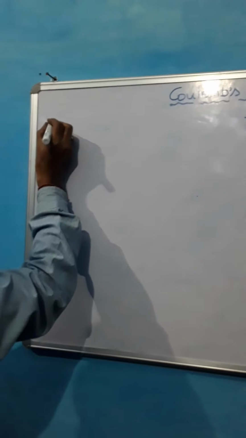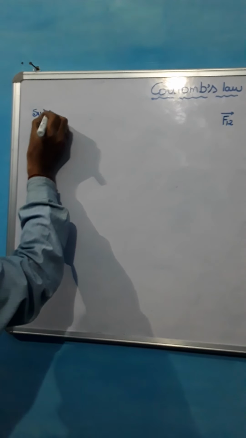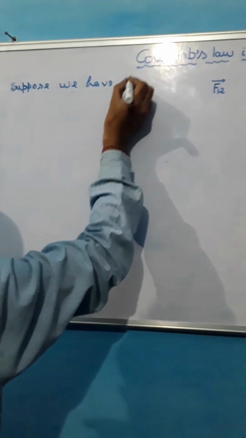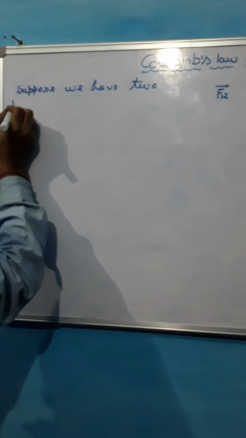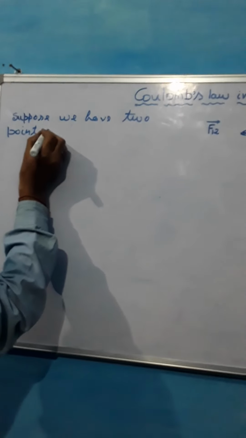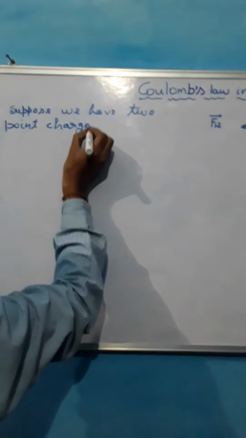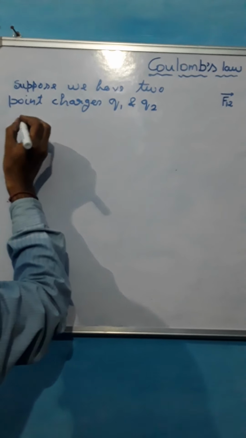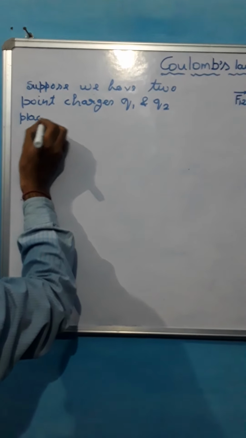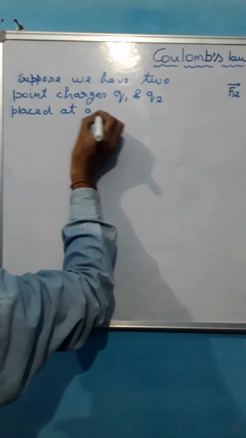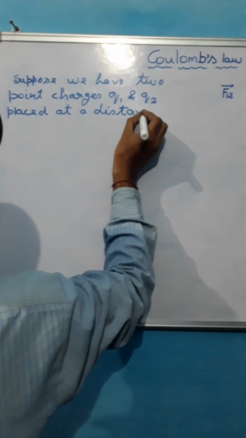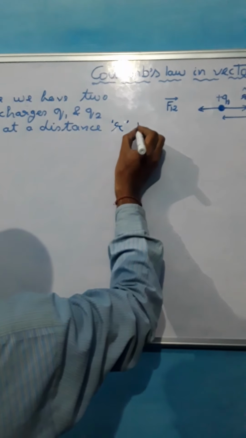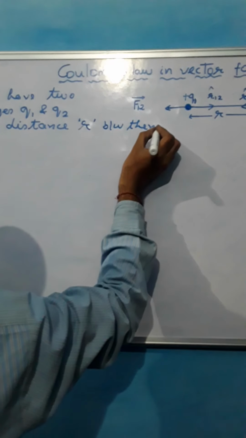Suppose we have 2 point charges Q1 and Q2 placed at a distance R between them, and they are placed in vacuum.